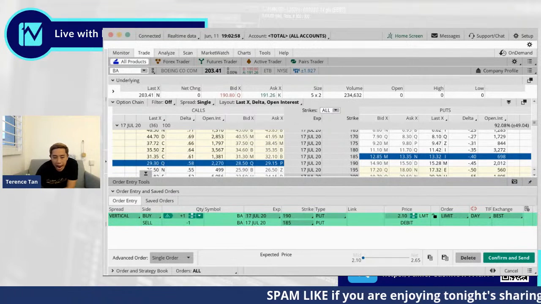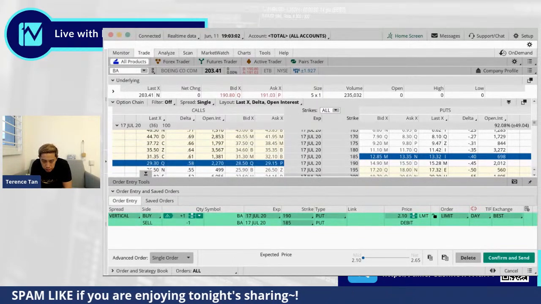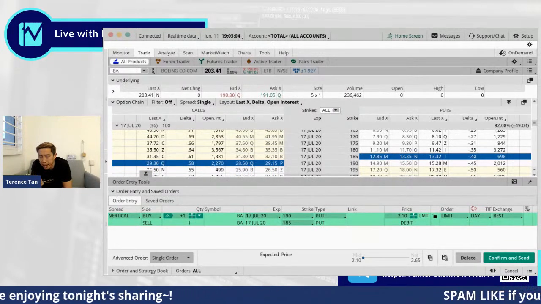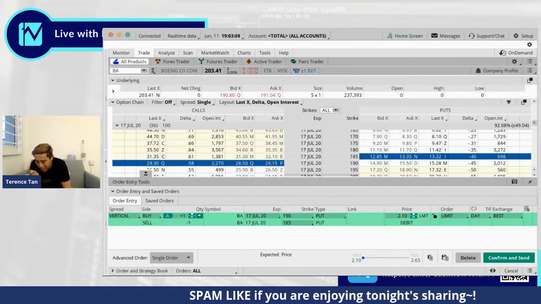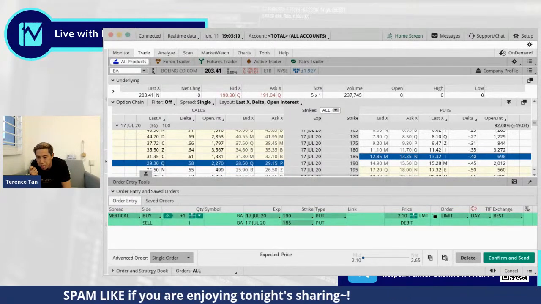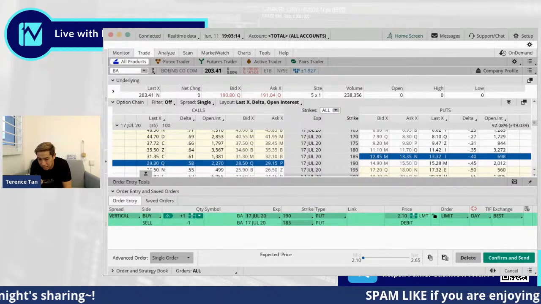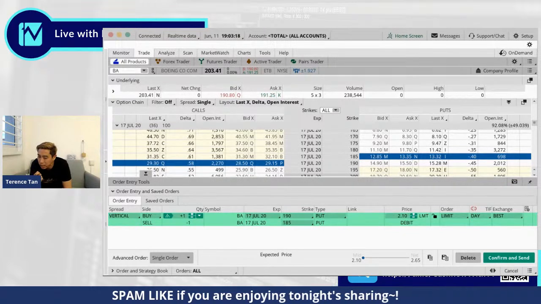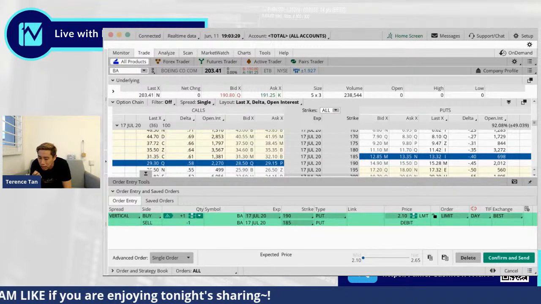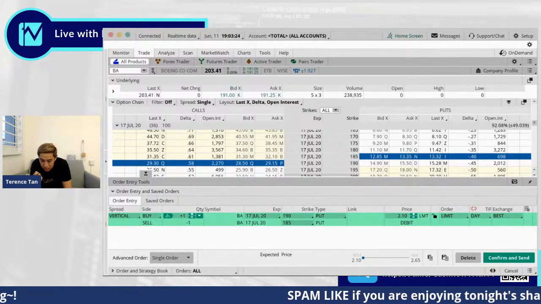If you buy the put spreads, you are paying 210 to buy it. That means you're risking 210 to be able to make a maximum profit of 290. Let me say this again: if you buy the put spreads, you're risking 210 to make a maximum profit of 290.